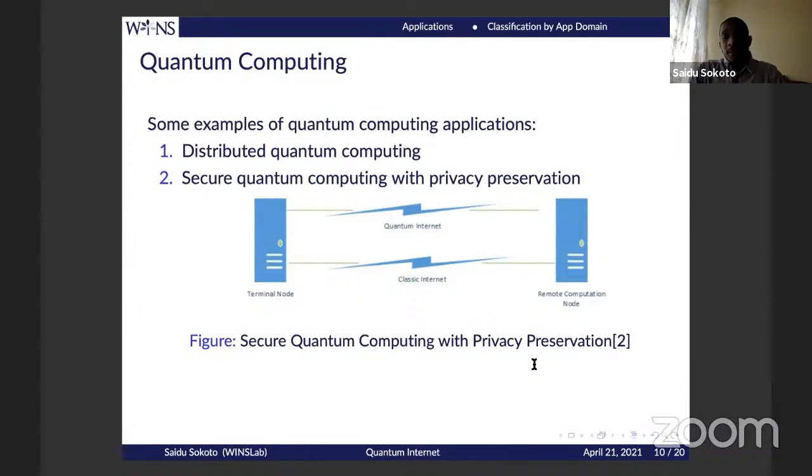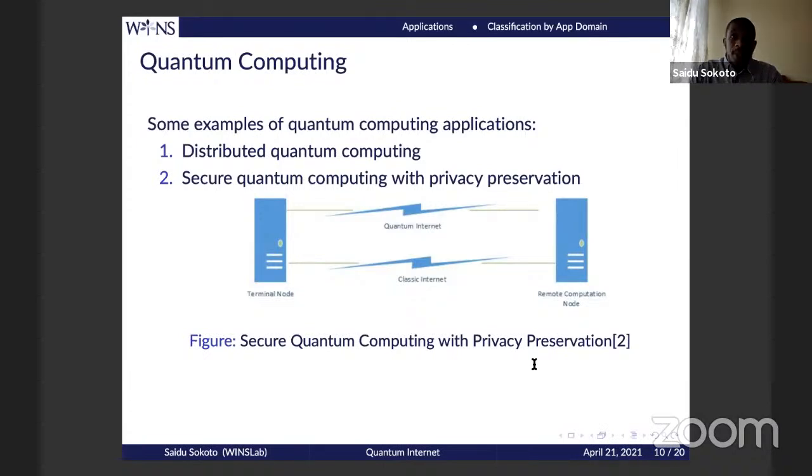In addition to this, we also have the secure quantum computing with privacy preservation. I was impressed by this. For example, if we have a terminal node, it can make use of the resources of a remote quantum computer using the quantum internet. Well, the caveat here is the privacy preservation.